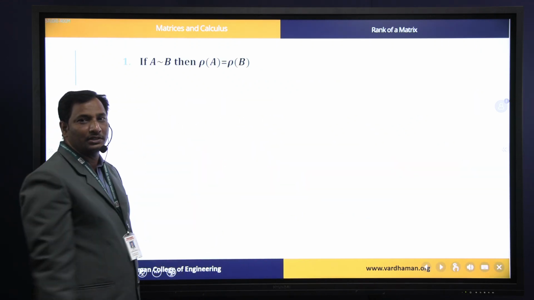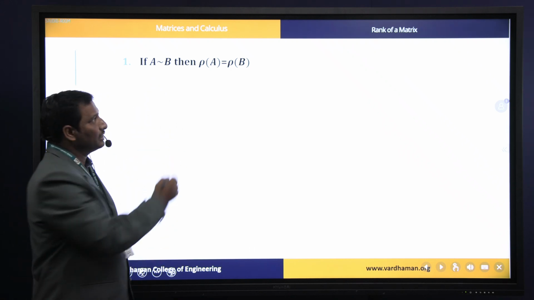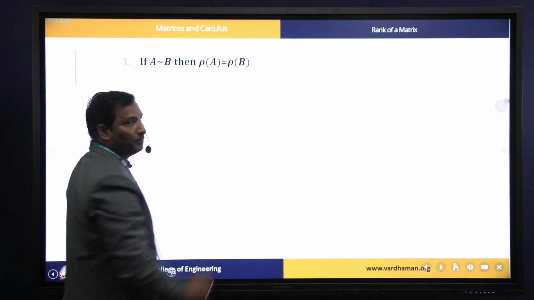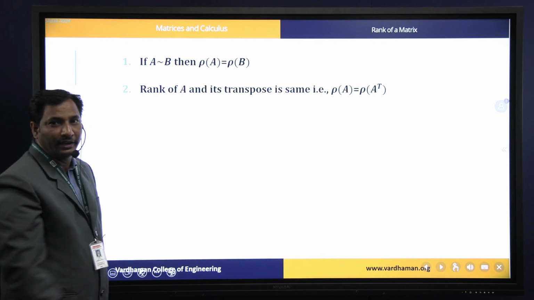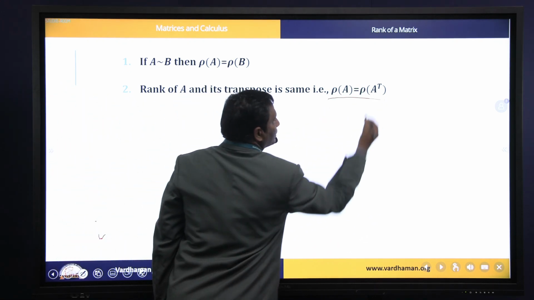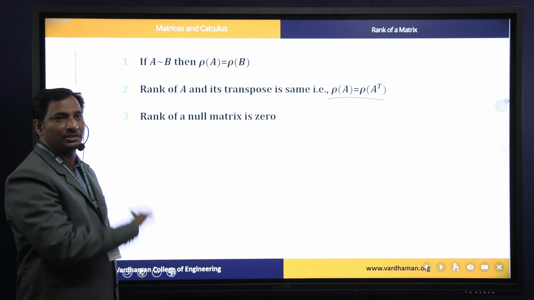Some important results based on the rank. If A and B are similar matrices, then the rank of A and the rank of B are equal. The rank of A and A transpose are always equal. The rank of a null matrix is always 0.